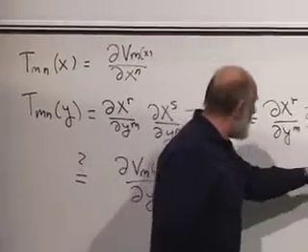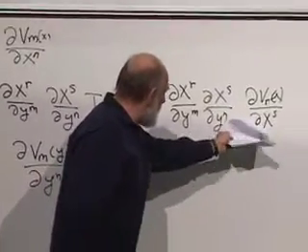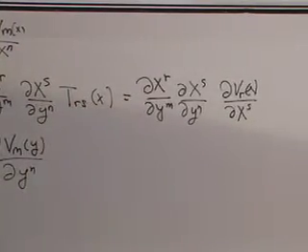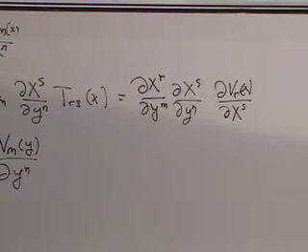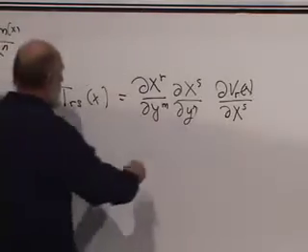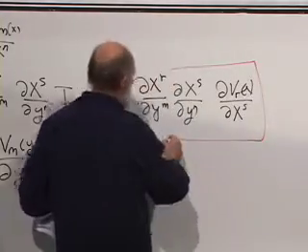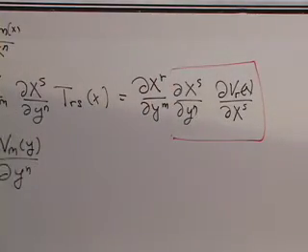What can we do with this? dVr of x by dxs times dxs by dyn. Does that ring a bell? Let's focus on this piece right over here. That's the chain rule.